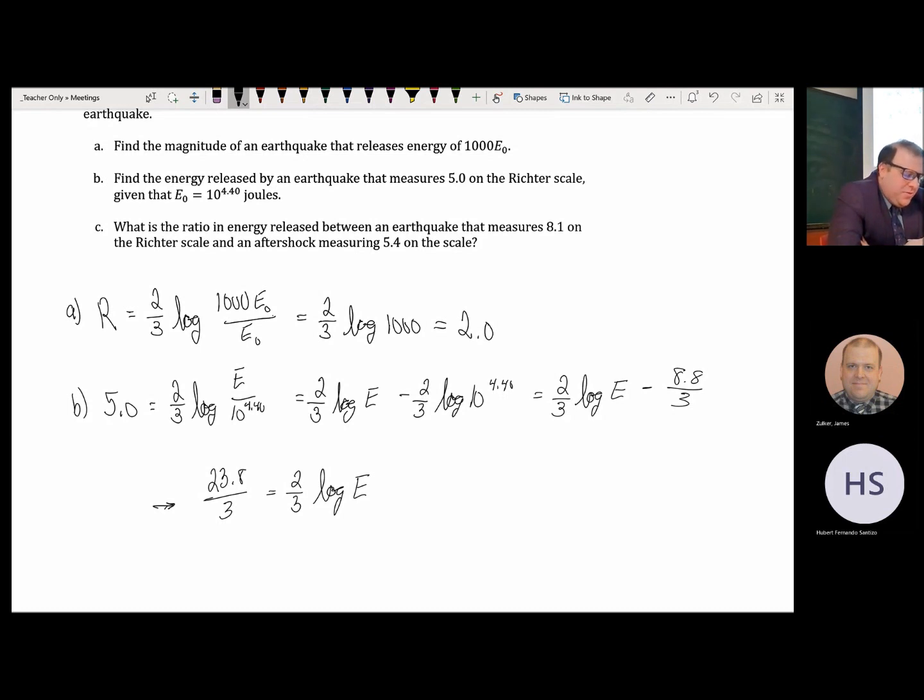The 23.8 over 3 is 2/3 common log of E, which means 23.8 over 2 is common log of E. 23.8 over 2 would be, what, 11.9? 23.8. Yeah. Yeah, 11.9.